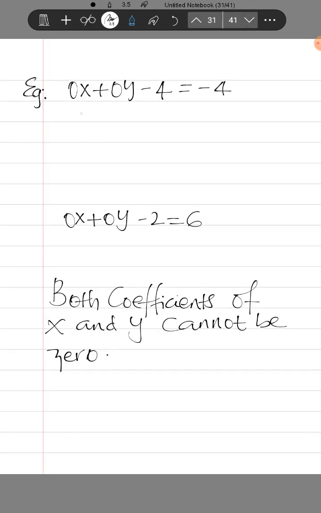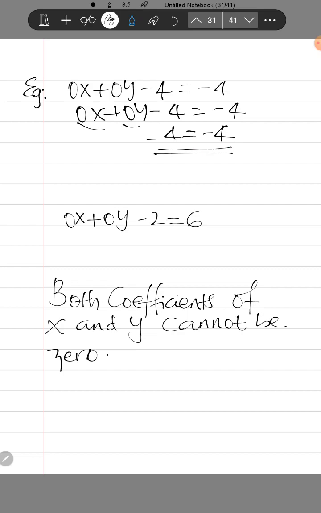What will happen here? 0x plus 0y minus 4 is equal to minus 4. 0x is 0, 0y is 0, minus 4 is equal to minus 4. It is not a mathematical expression at all, because both the x coefficient and y coefficient are 0, so we don't have any operation to draw a graph.